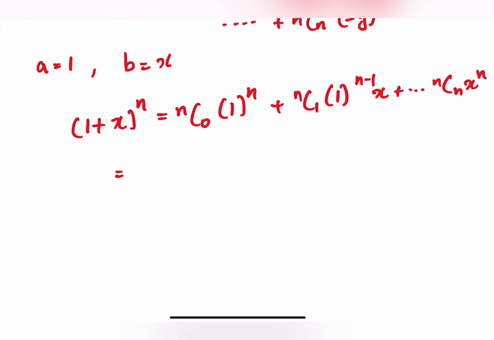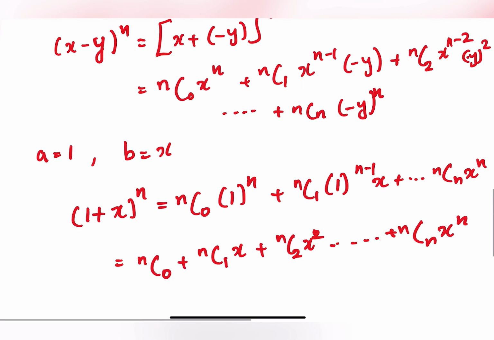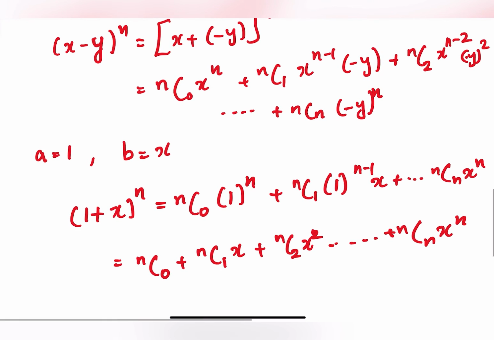So in short, we can write it as nC0 + nC1 x + nC2 x^2 up to nCn x^n. So these are some simpler methods you can use while expanding these.